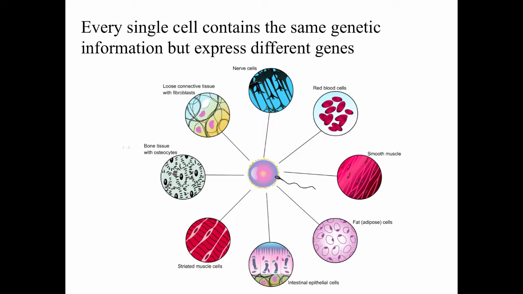Your red blood cells, your bone tissue, your fat cells, they all contain the same genetic content, but it turns out it's these epigenetic events that contribute to the pathway by which a stem cell can be converted into a differentiated cell, such as a fat cell or a muscle cell. So we're going to talk about how epigenetics regulates chromatin and gene expression.